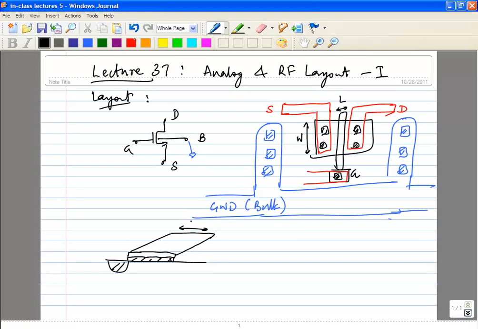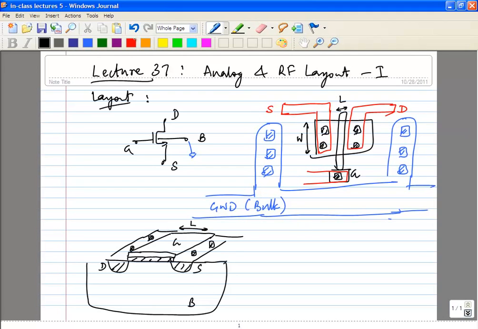So again, this is your length, that's your gate, okay. So let's say one of these is your drain, the other is your source, and you have your bulk here, okay. So your drain and source go like that, and this is where these contacts go in here, okay.